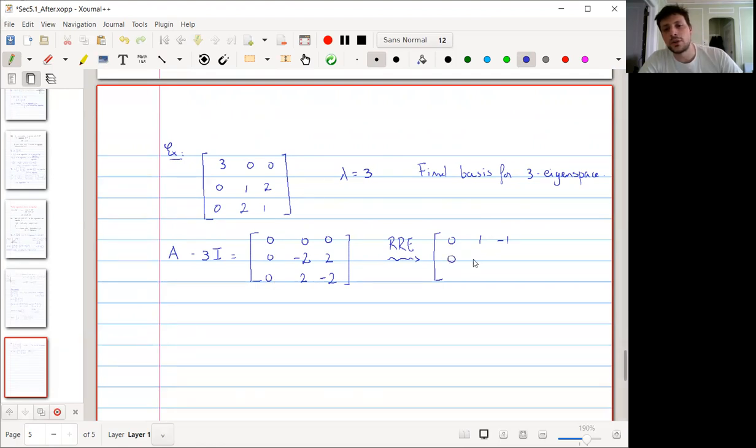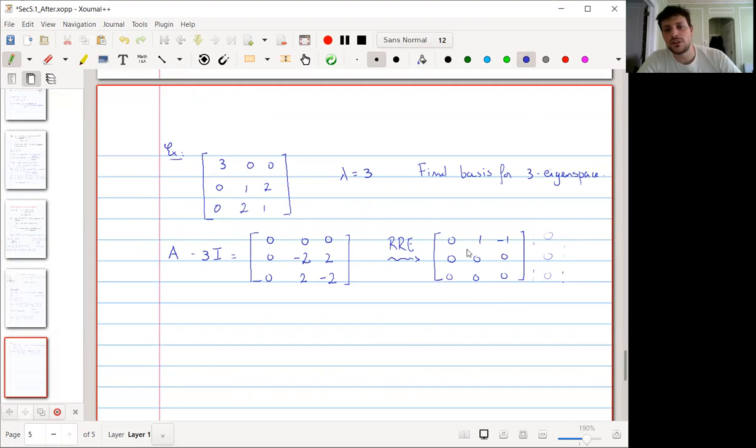So the second row, when I add the third to it, becomes a row of zeros, and the third row also becomes a row of zeros. So the null space of the associated linear system, which would be the homogeneous linear system with added a column of zeros here, has the following solutions.